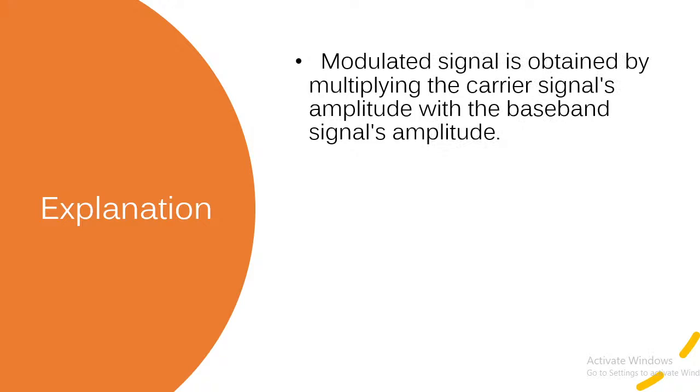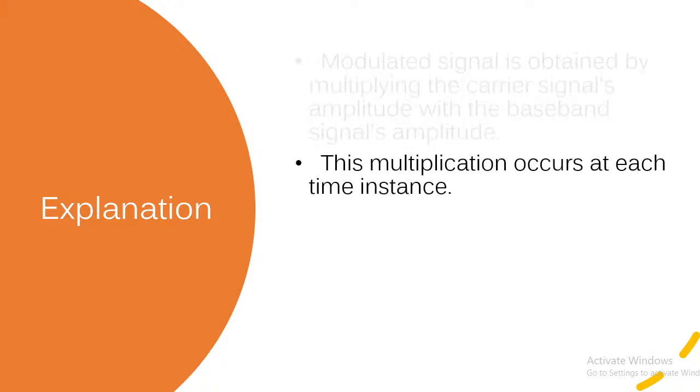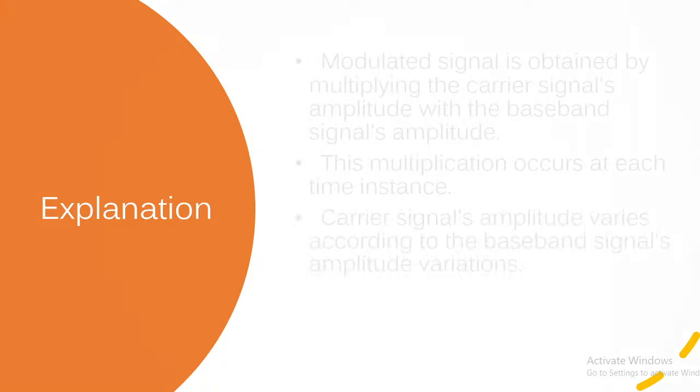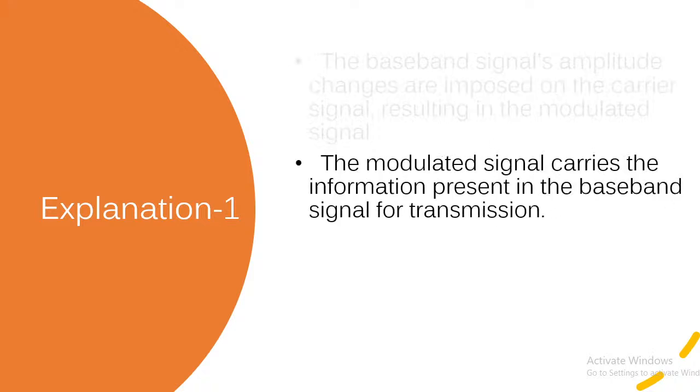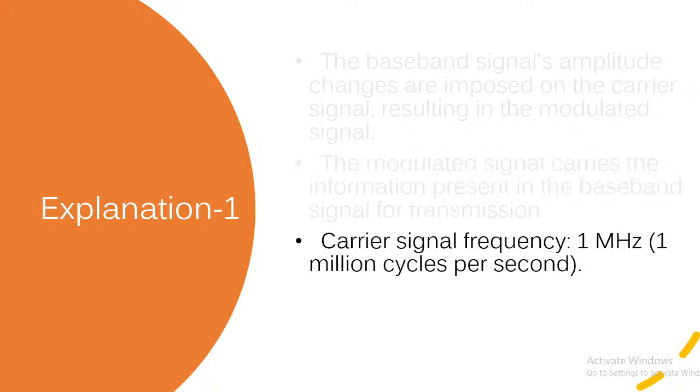I gave you the explanation, so I'll skip this. The baseband signal's amplitude changes are imposed on the carrier signal that we have seen. So this resulted in the modulated signal. The modulated signal carries the information present in the baseband signal for transmission, which we also have seen from the example.